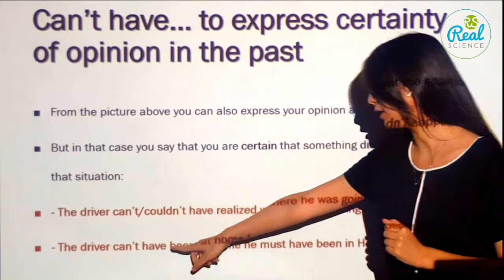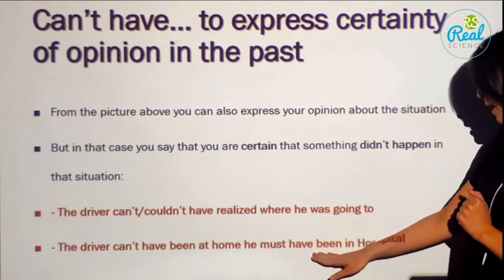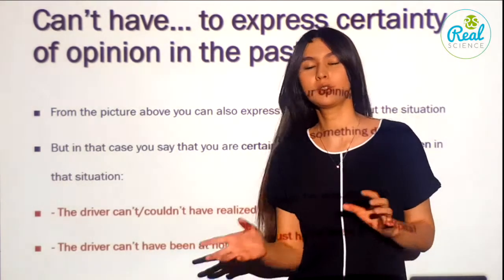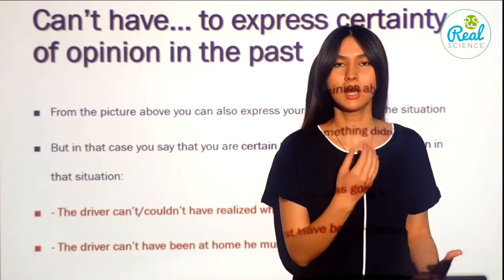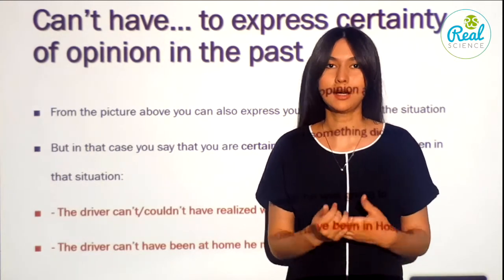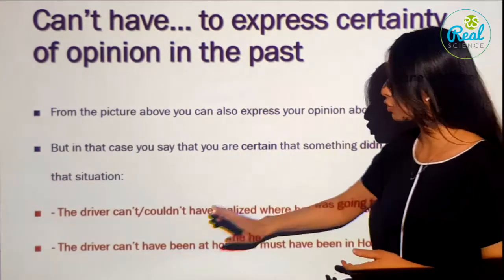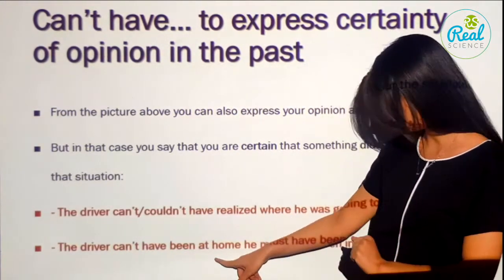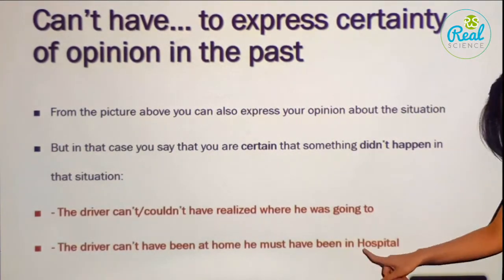Next one, the driver can't have been at home. He must have been in hospital. So again, if the car crash happens, so the driver, as I told you, cannot be at home. He should be at hospital, yes? So here you are expressing it. So the driver can't have been at home. He must have been in hospital.